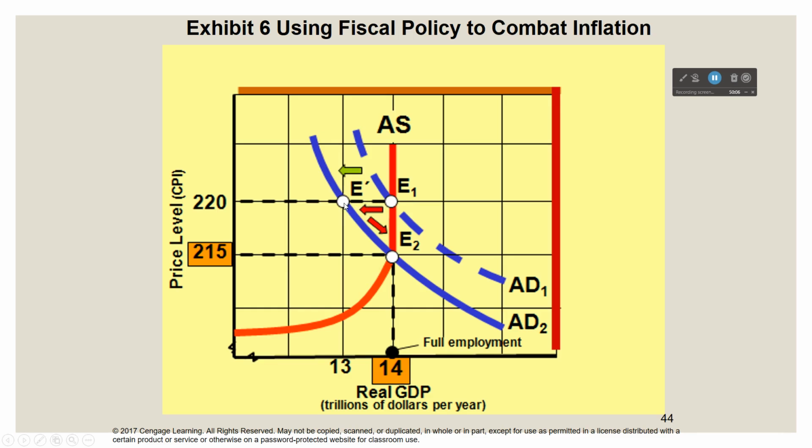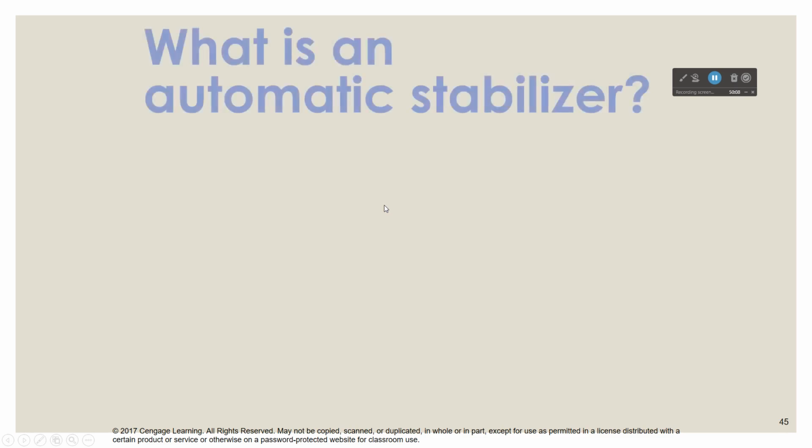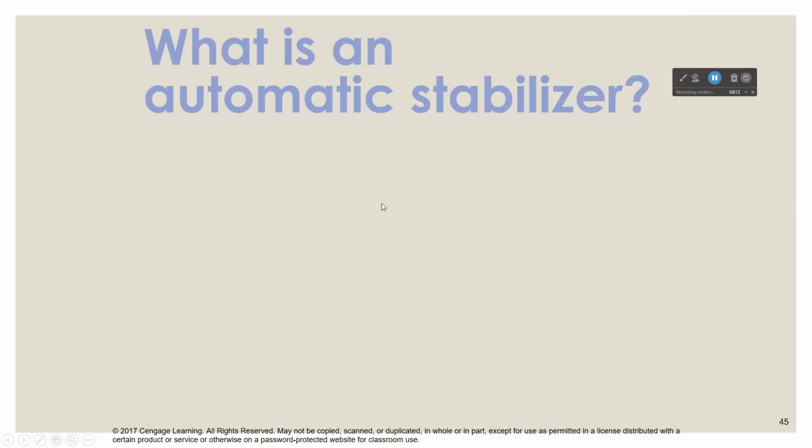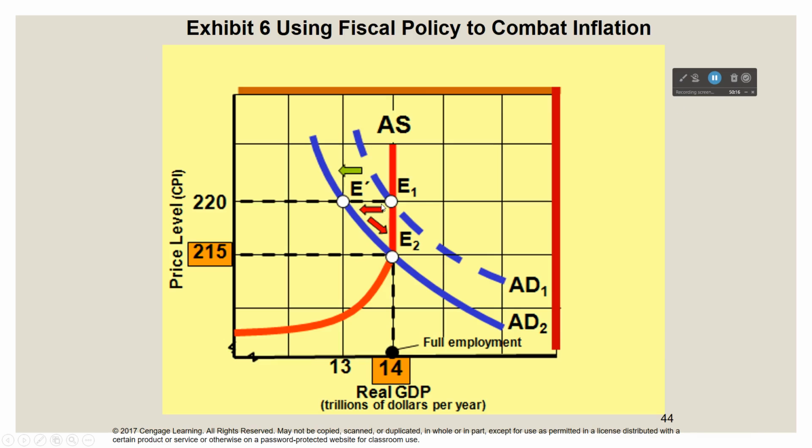That would create a surplus of output. These producers would have output they've produced, but they can't sell it. So to alleviate that, they would drop prices.